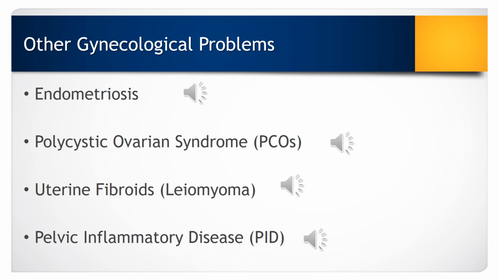And women will complain of pelvic pressure, or they may have menstrual issues, they may have heavy bleeds or irregular bleeding, painful menses as well. Physically, a woman may notice that she is not able to lose weight, or her stomach isn't flat, and these would be things that would bring a woman in to see her provider.